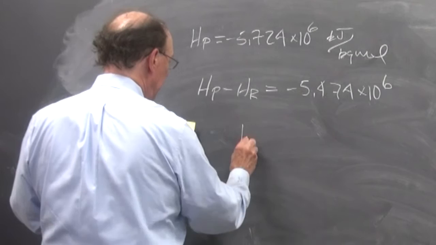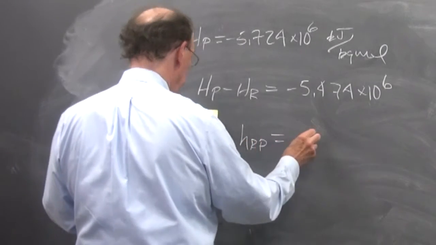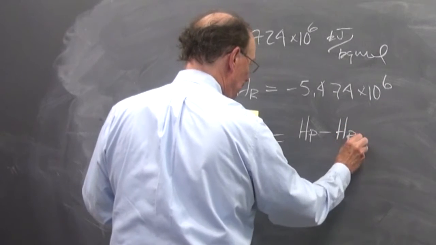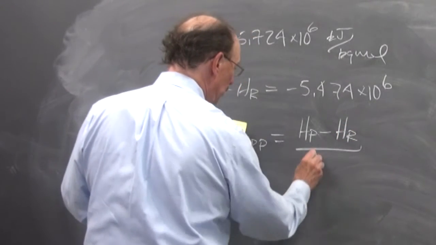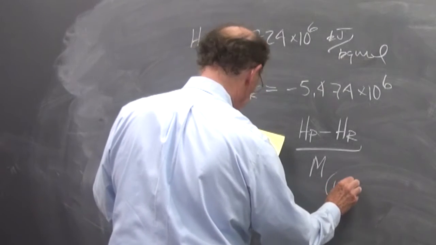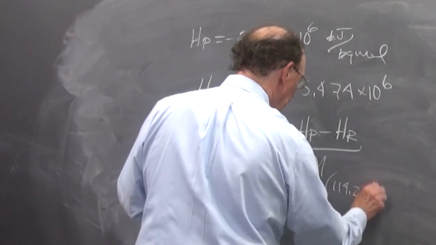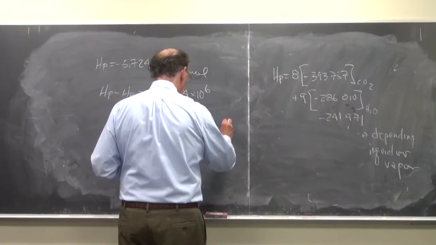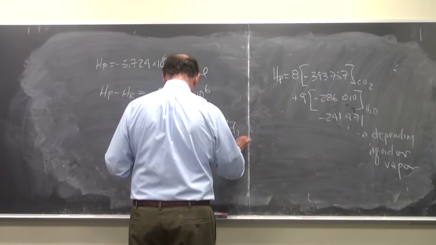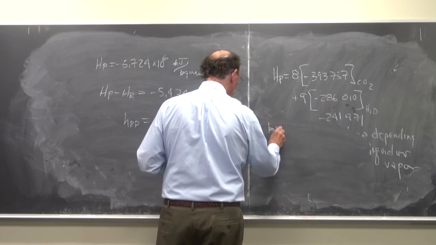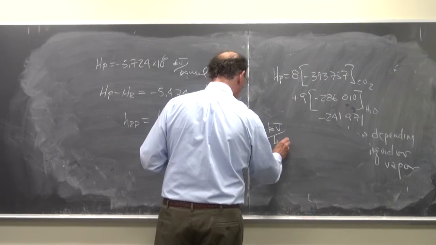H sub RP is H sub P minus H sub R, I'm not going to keep writing the number out, divided by the molecular weight of the fuel. In this case, the molecular weight is 114.23, where I get that the heating value is minus 47,920 kilojoules per kilogram.